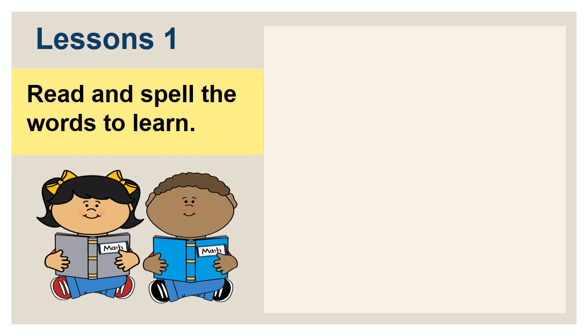We will look at these words and spell them one by one. Are you ready? Okay, let's start. The first word is number. Can you say it with me? Number.